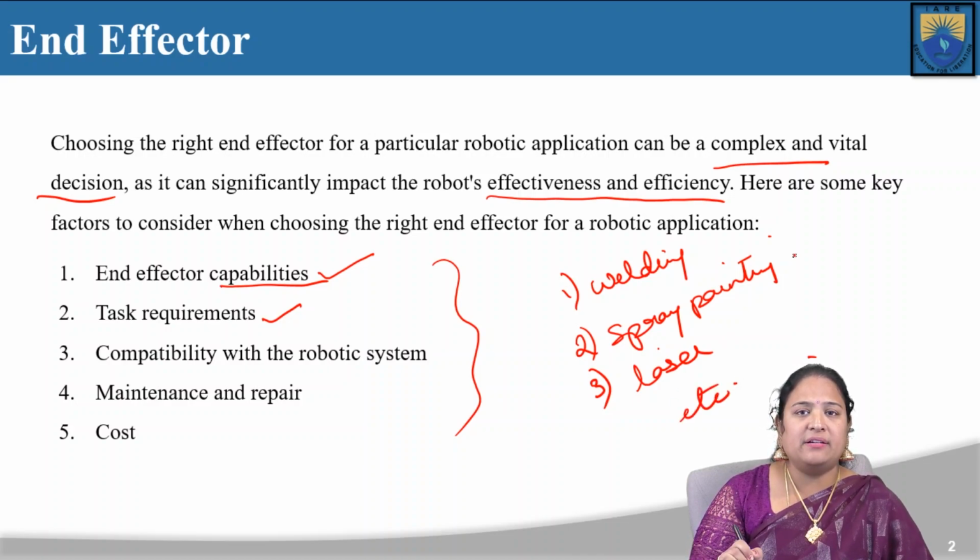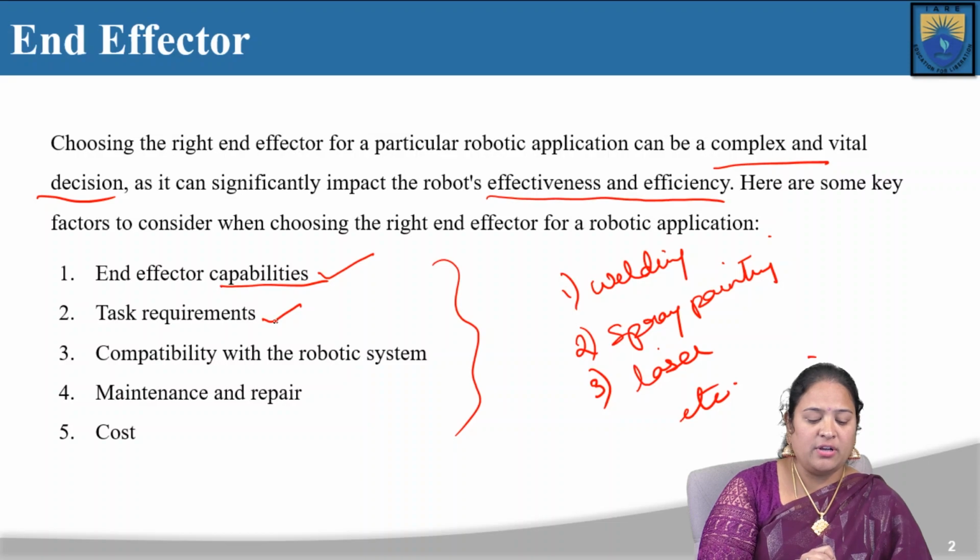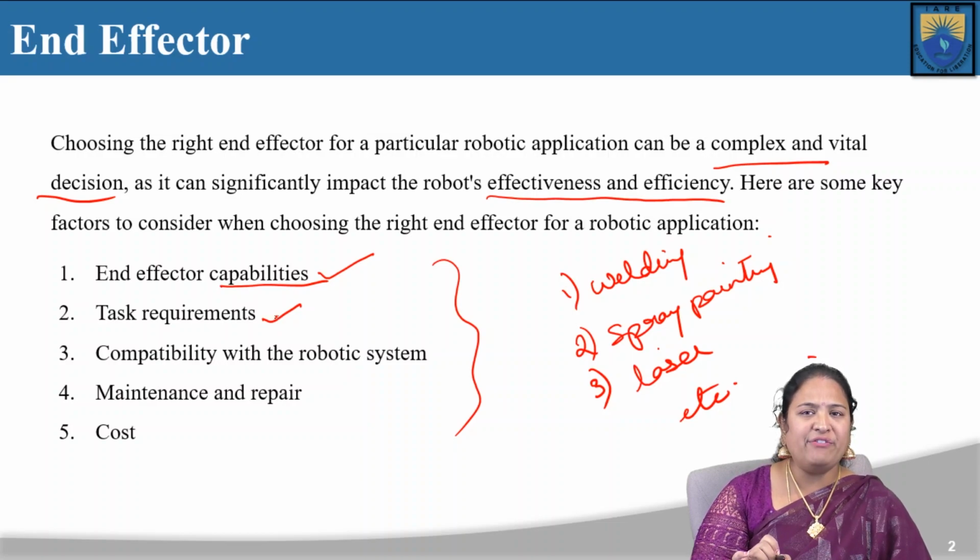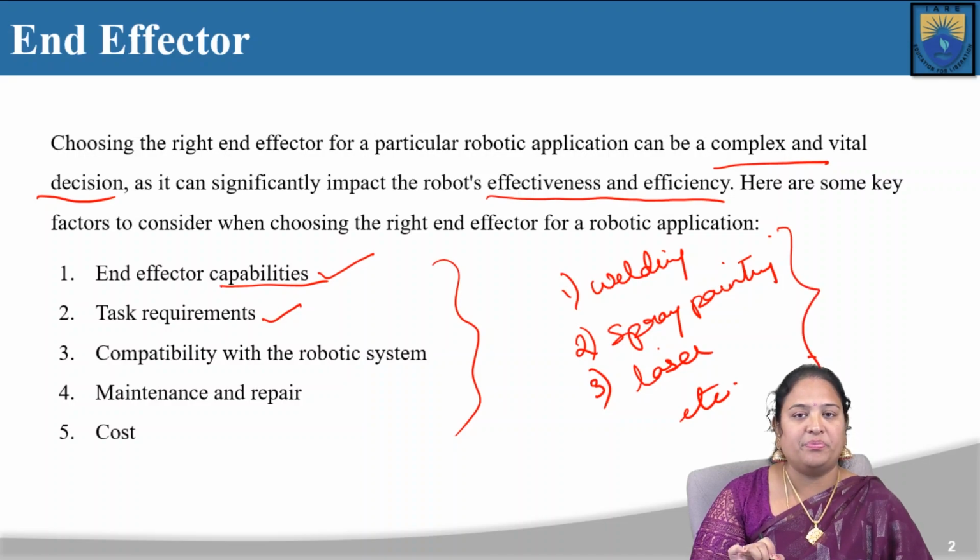So all these particular tasks, whatever is to be conducted in the industry, should have some requirement. That is, the end effector should be designed according to the task requirement, right? The design and selection of the end effector should be done as per the task requirements.